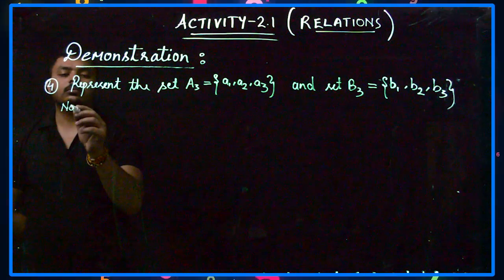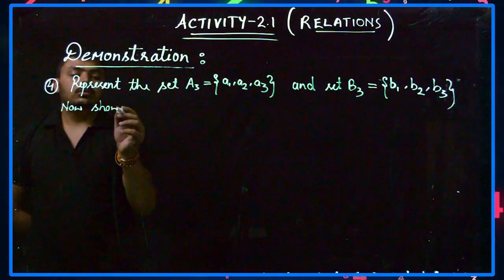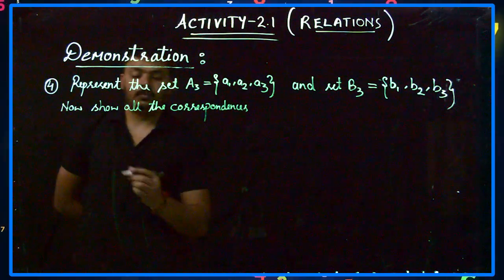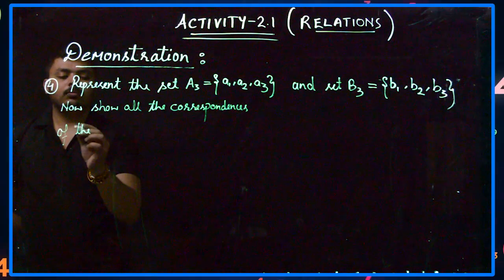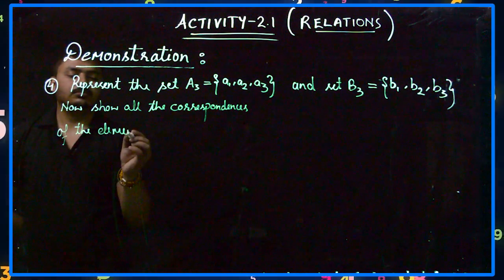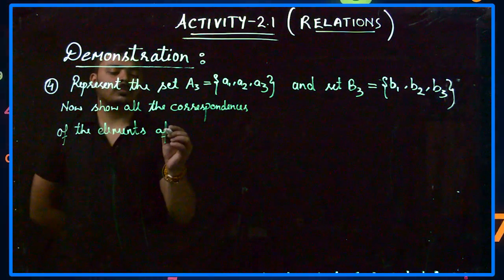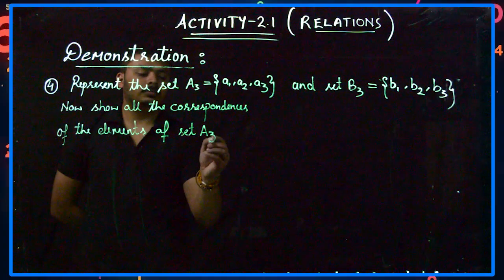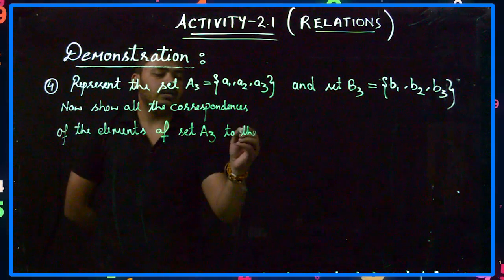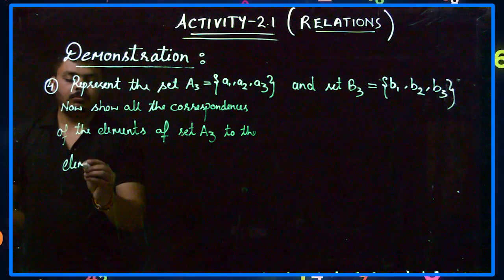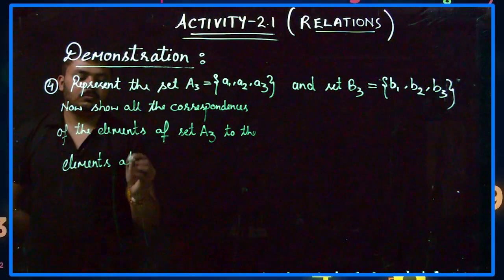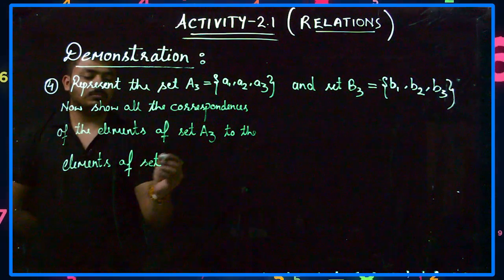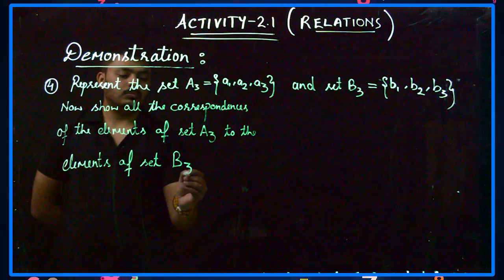Now show all the correspondences of the elements of set A3 to the elements of set B3.